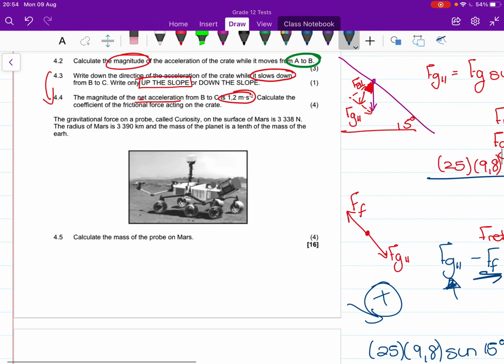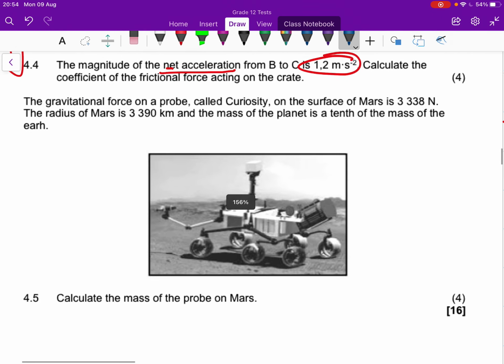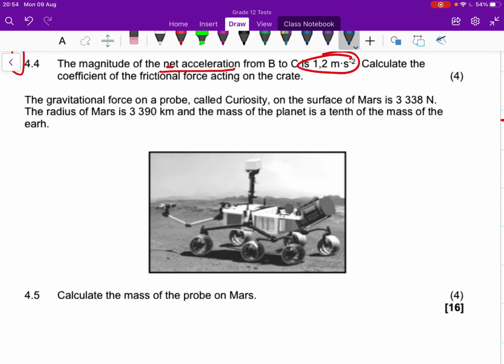Alright. Then, the gravitational force on a probe called Curiosity on the surface of Mars is 3,338. So in other words, Fg on Mars is 3,338 newtons.